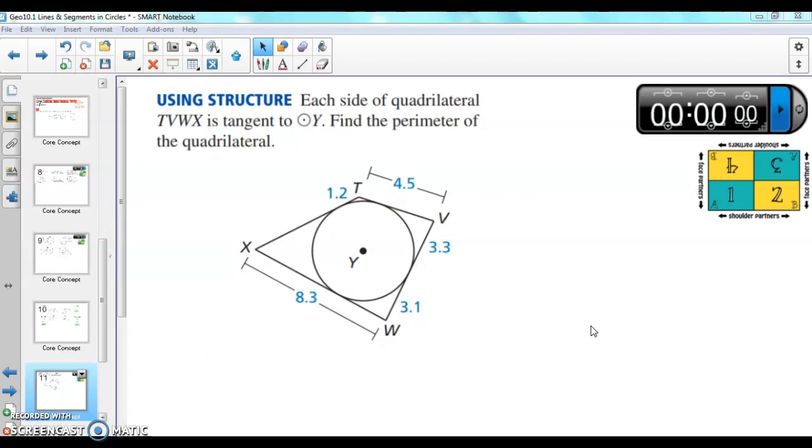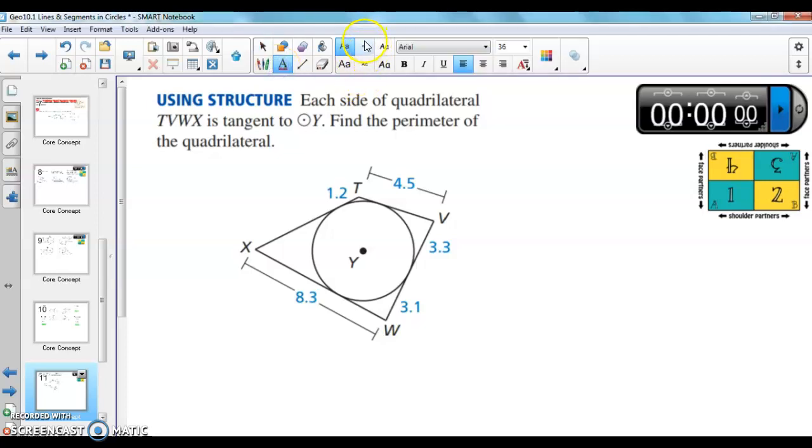Here is another interesting example. You're given a quadrilateral which is drawn around a circle, and to be more specific, we say the quadrilateral is circumscribed about the circle.